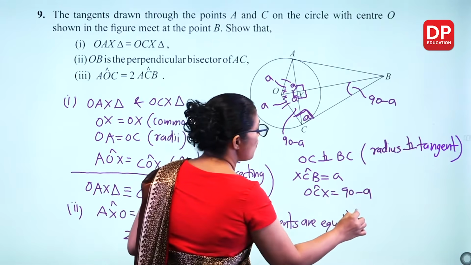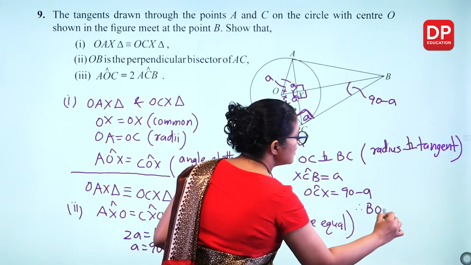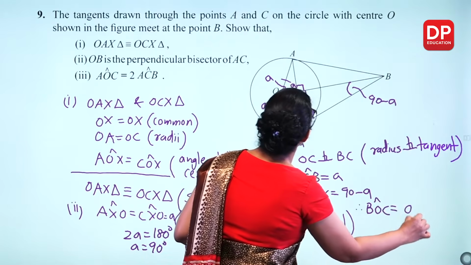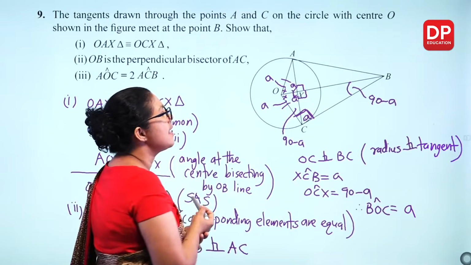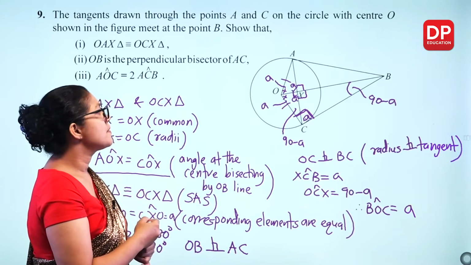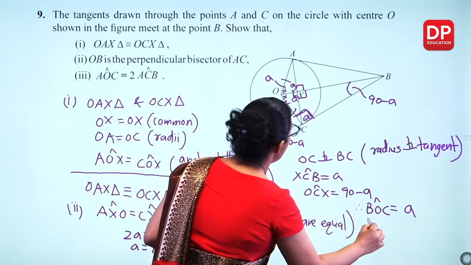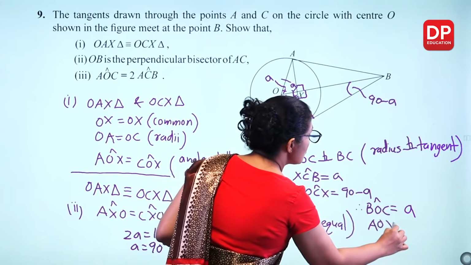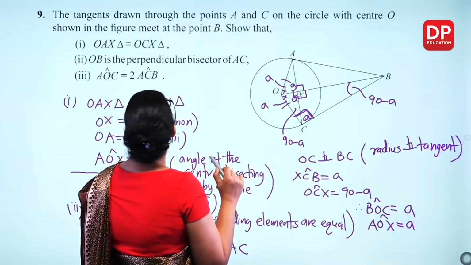So therefore, angle BOC is A. Because again 90 minus A, 90 minus A becomes A. This is A, so therefore AOX is also A. So what is angle AOC?